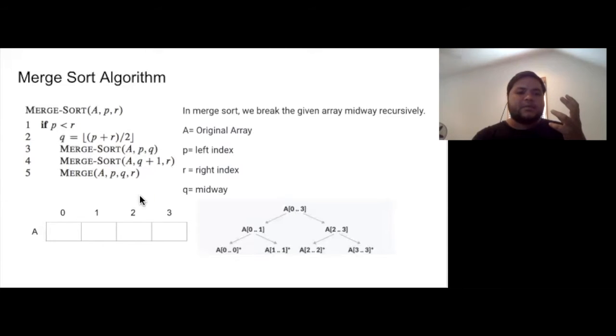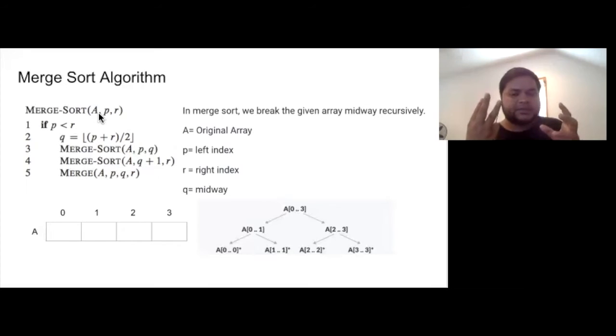Okay. Now let's see the merge sort algorithm. Here, you can see that our merge sort algorithm should be provided 3 parameters. One is the original array, another is the left index, in this case 0, and the right index, in this case 3.